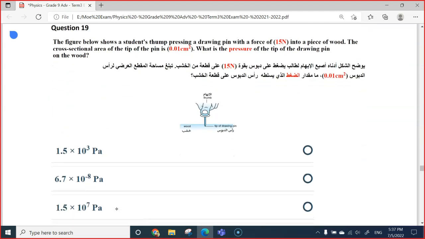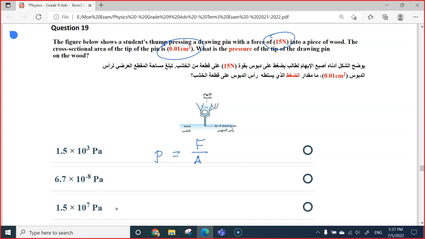Question number 19. Figure below shows a student's thumb pressing a pin with a force of 15 Newton. So he is applying 15 Newton force over an area of 0.01 centimeter square, and you are asked to calculate the pressure. The equation to calculate pressure is force over area.